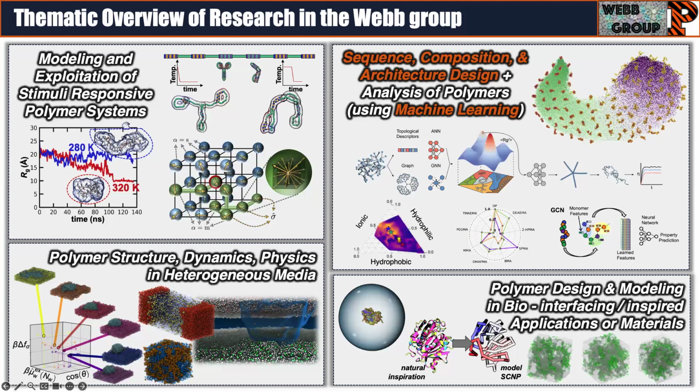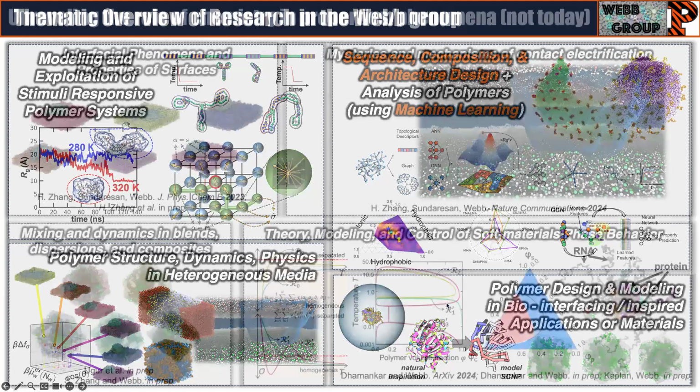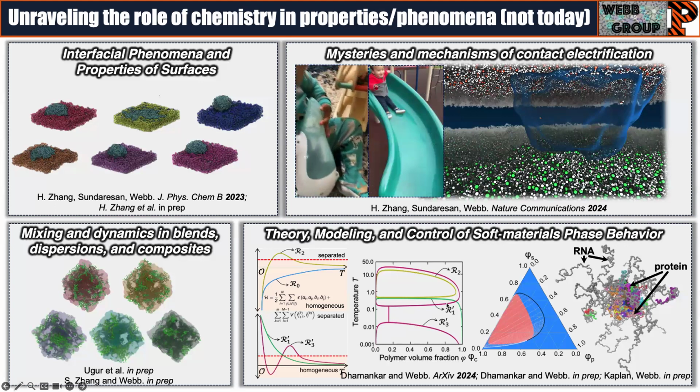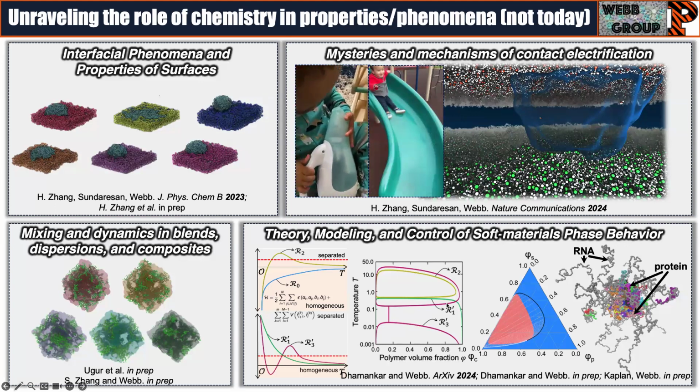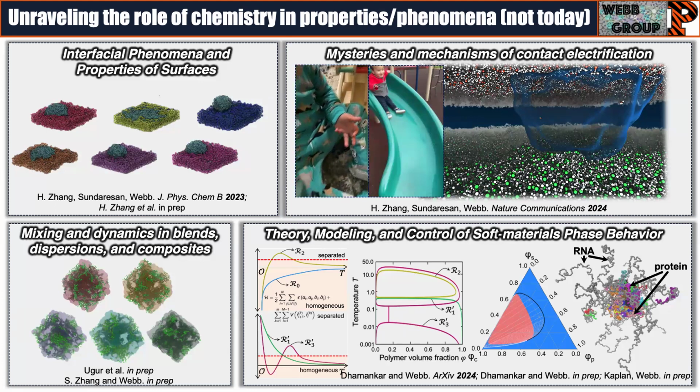Now, to continue along these lines, this is to give you another sense of the type of problems that we think about. We construct theories and different types of models to try to describe the phase behavior of systems, so that we can think about that stimuli response problem. In these messy, heterogeneous media, we think a lot about interfacial properties, ideas like creating coatings or adhesives, things of that nature.